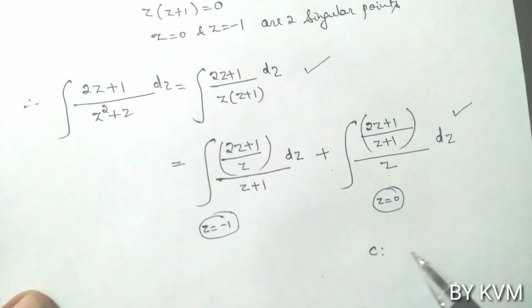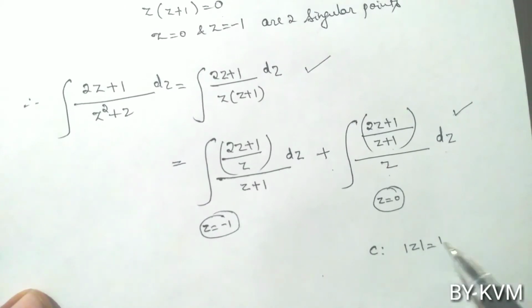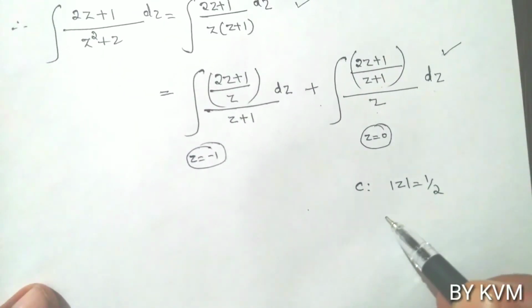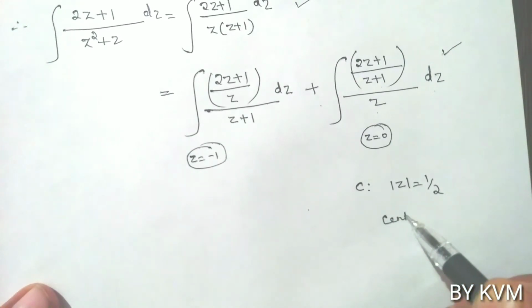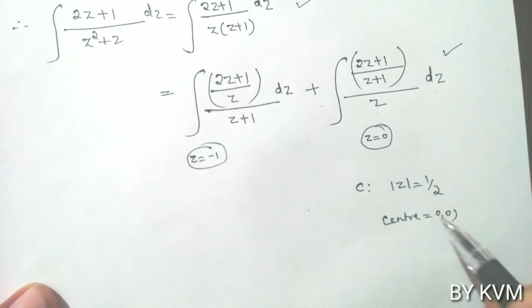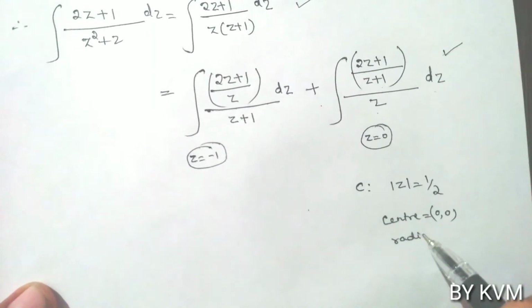Now the given curve is mod z equals 1 by 2. So this is the circle. It represents a circle. Center is 0, 0. Radius 1 by 2. So draw the figure.